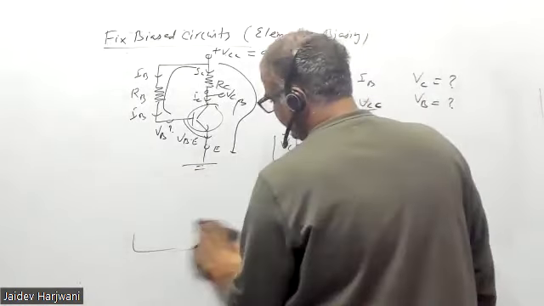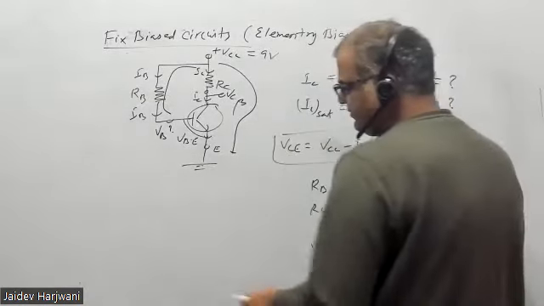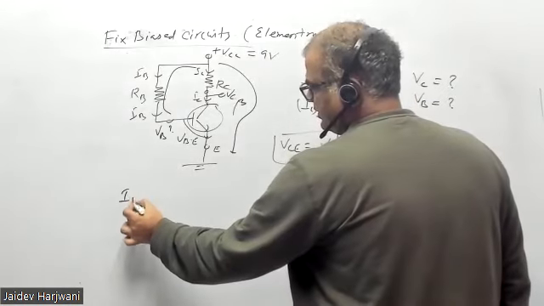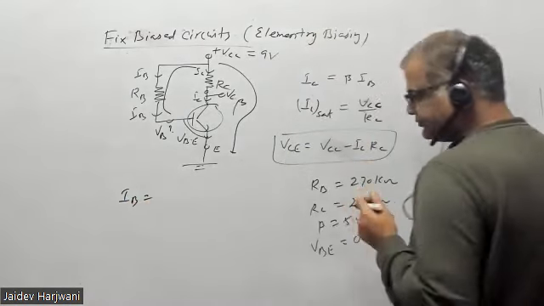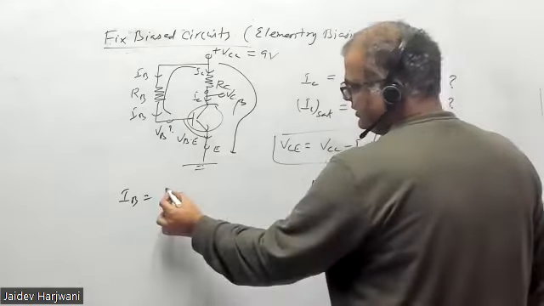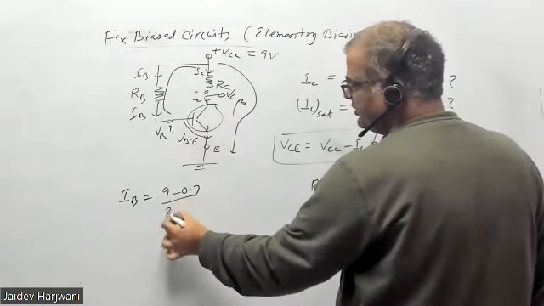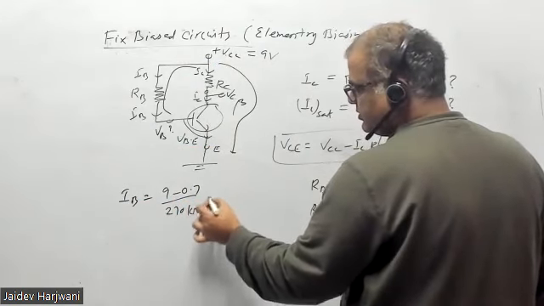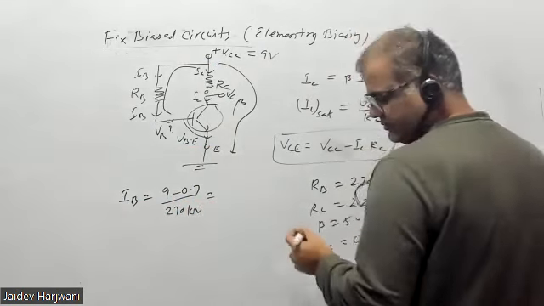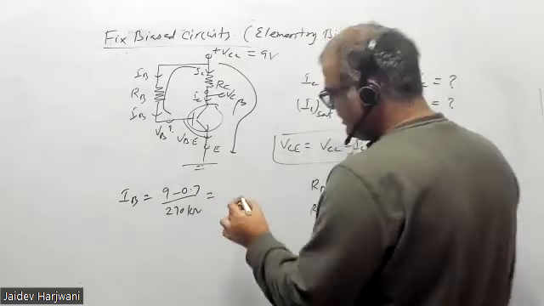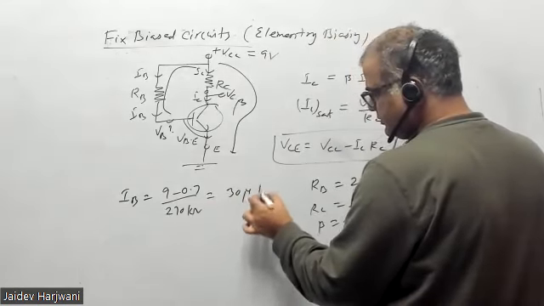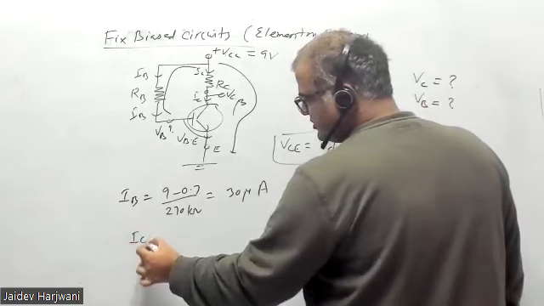So let us find IB. IB is what? VCC, this 9 minus 0.7, divided by 270 kilo ohm. Tell me how much is coming. 30 microampere. Okay, IC becomes how much?